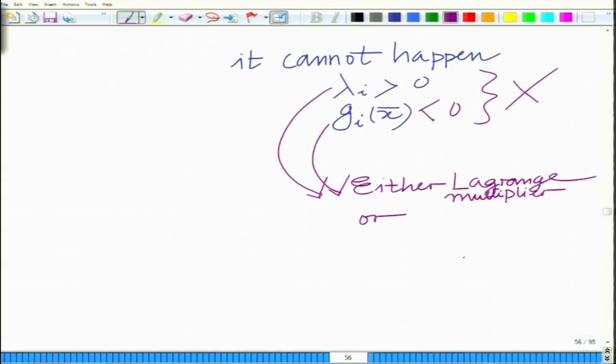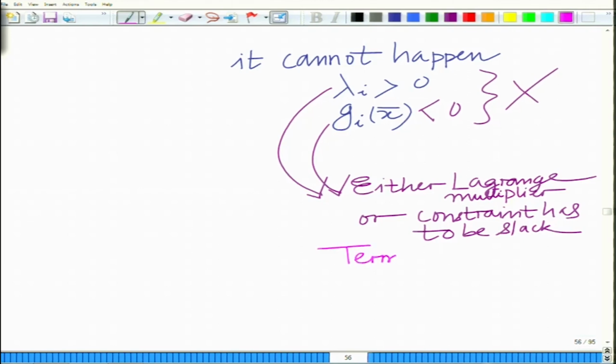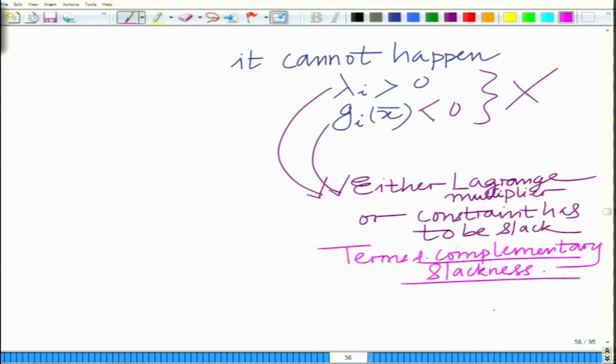Either Lagrange multiplier or constraint. Okay. This property is termed as complementary slackness, and this is a unique aspect of the KKT conditions.